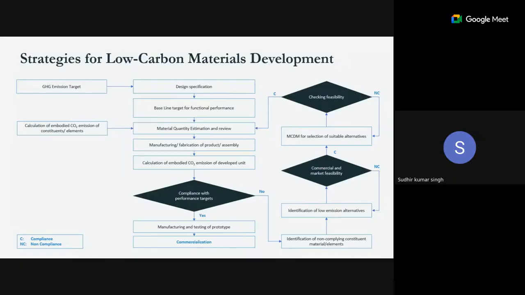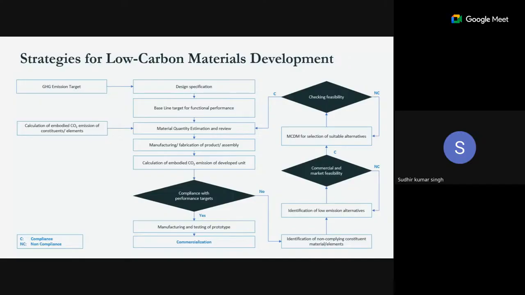Identify the low embodied carbon alternatives for that particular material. Bring it in. Again, do the testing and technical marketing feasibility. If there are more than one or two alternatives, go for multi-criteria decision making and check the feasibility, come into the same channel again and commercialize it. This is a strategy for low carbon material development.